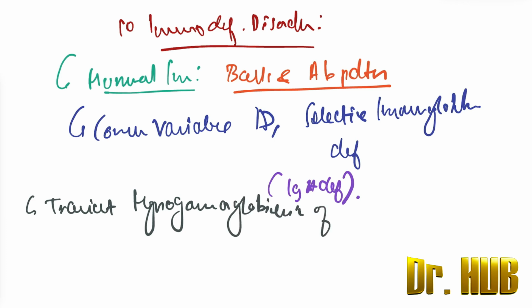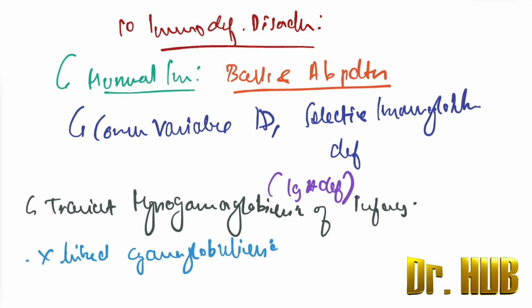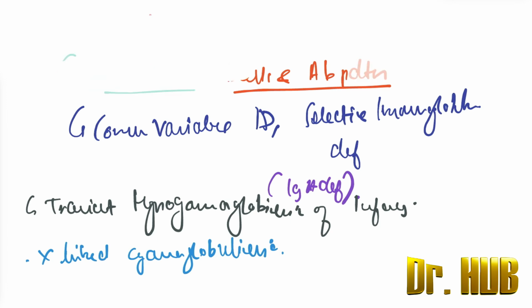Next comes X-linked agammaglobulinemia. Now, let's look at the cellular immunity.